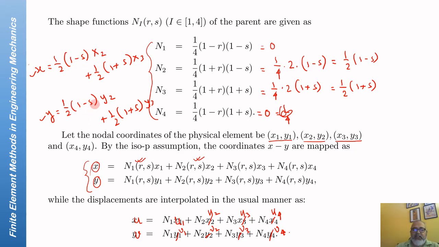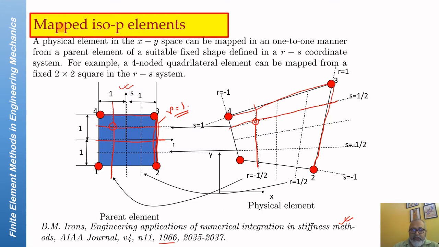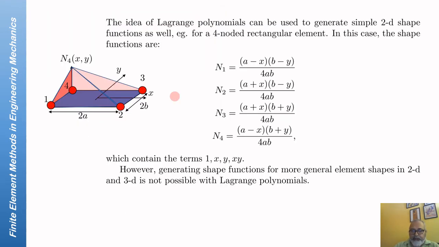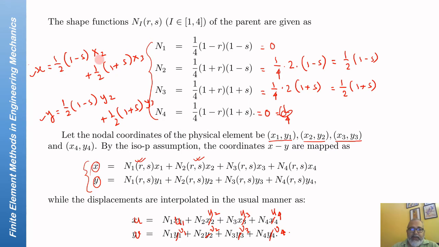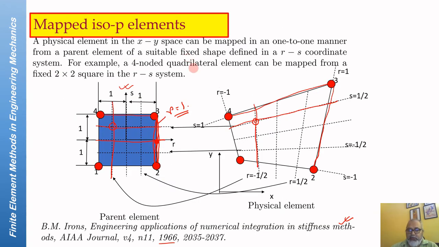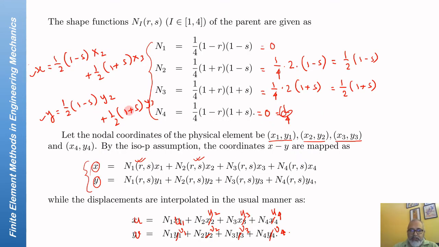So when s is equal to 0, which means on this line you are at this point, you would be mapped to half (x2 plus x3). That means you would be on this line that bisects this 2 3 line. So you would be here, and y would be half (y2 plus y3).